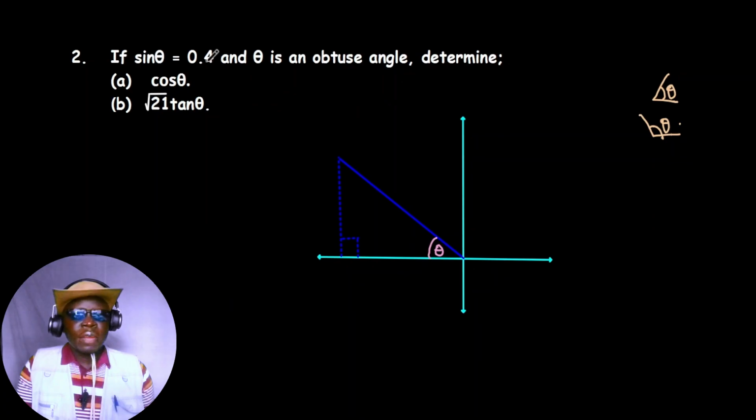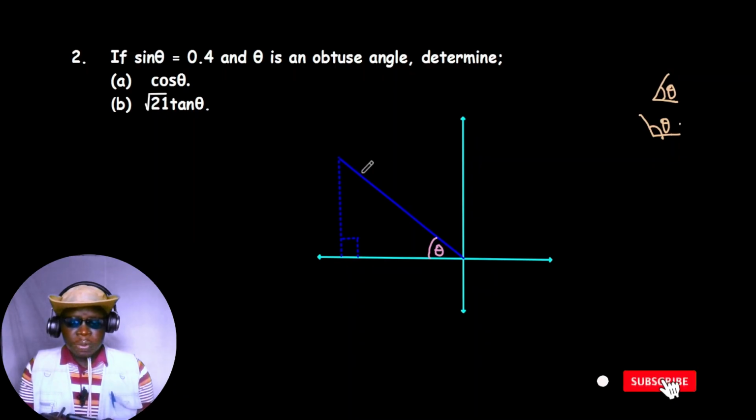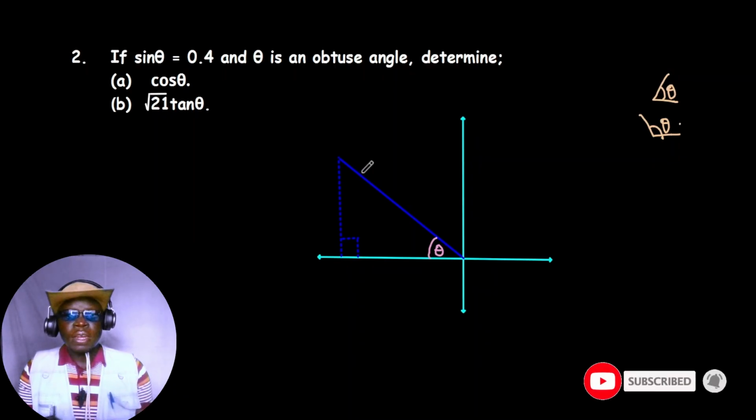Now, since we have 0.4, it's always advisable to first convert this to a fraction, because sine is opposite over hypotenuse. To be able to come up with the numerator and denominator, the easiest way is just to get your calculator and enter this 0.4 in your calc, and it will give you 2 over 5.